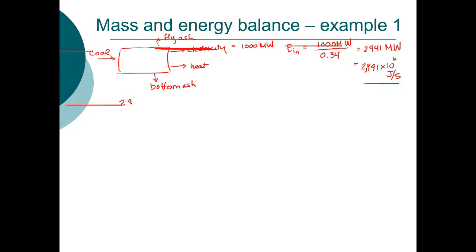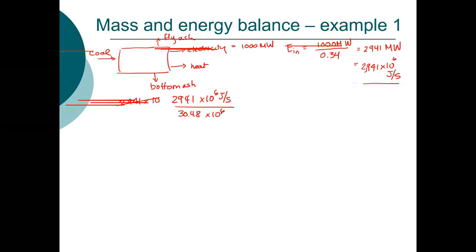Okay, so if we have 2941 times 10 to the 6 joules per second, divided by, this is where I need the heat content of the coal. And we said that that was 30.48 times 10 to the 6 joules per kilogram.